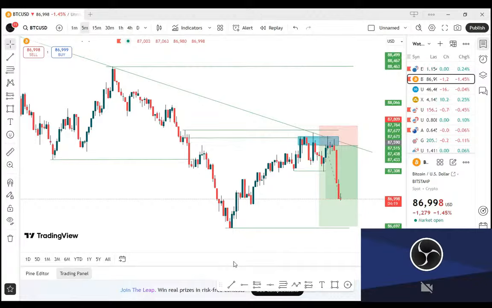You can see the bat, so that's selling down. There's a very huge sell on BTC. Wow.